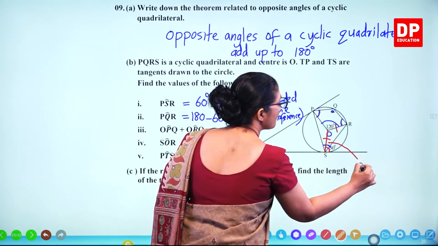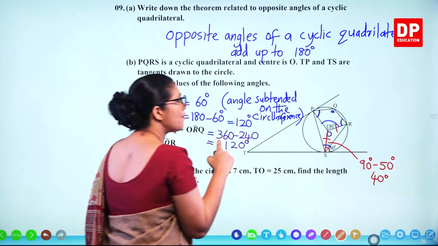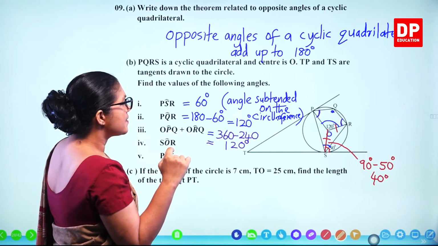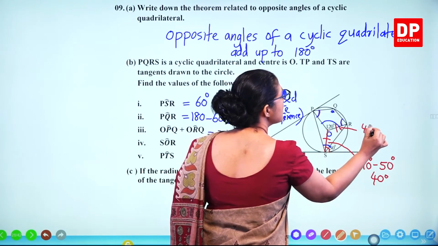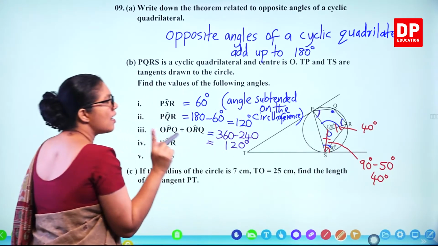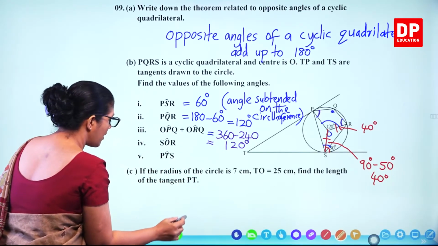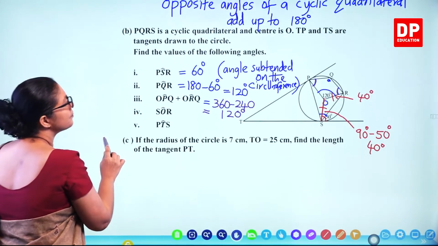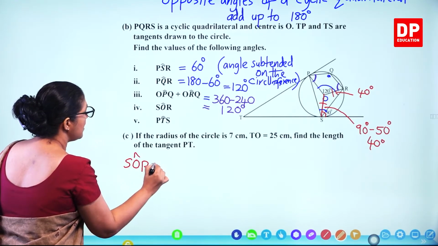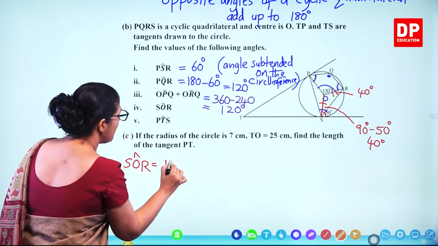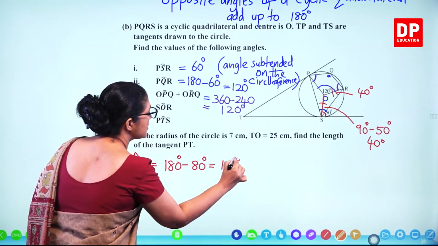That's 40 degrees. So SOR, this is also 40. What's the other angle then? SOR becomes 180 minus 40 and 40. So you can write SOR angle is 180 minus 40 and 40, that's 80, 100 degrees.